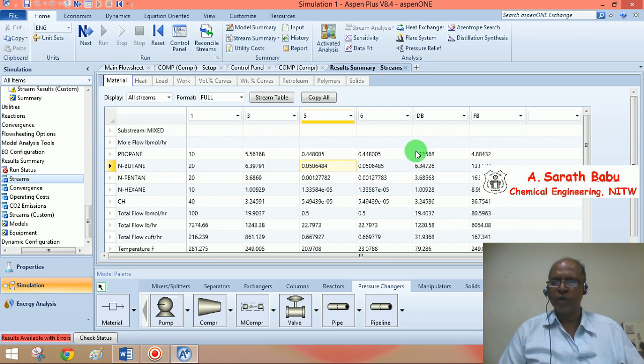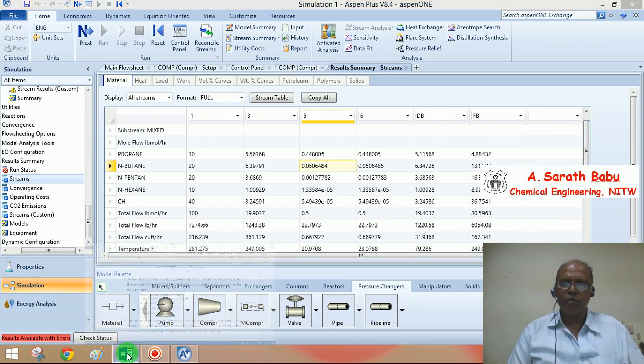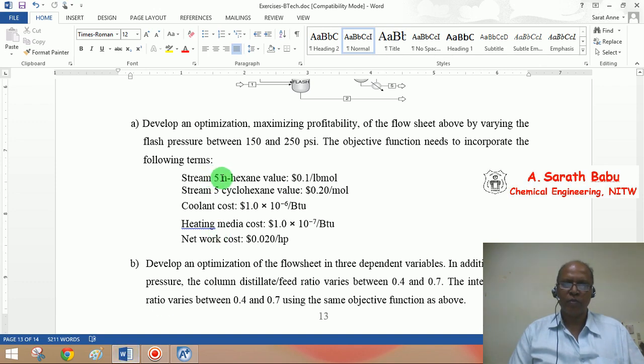Yeah, this is the distillation bottom. So 5631, 3.24, right? So we are required to calculate the profit that you are able to get based on this. In fact, okay, so FB, right. Let me modify this problem.